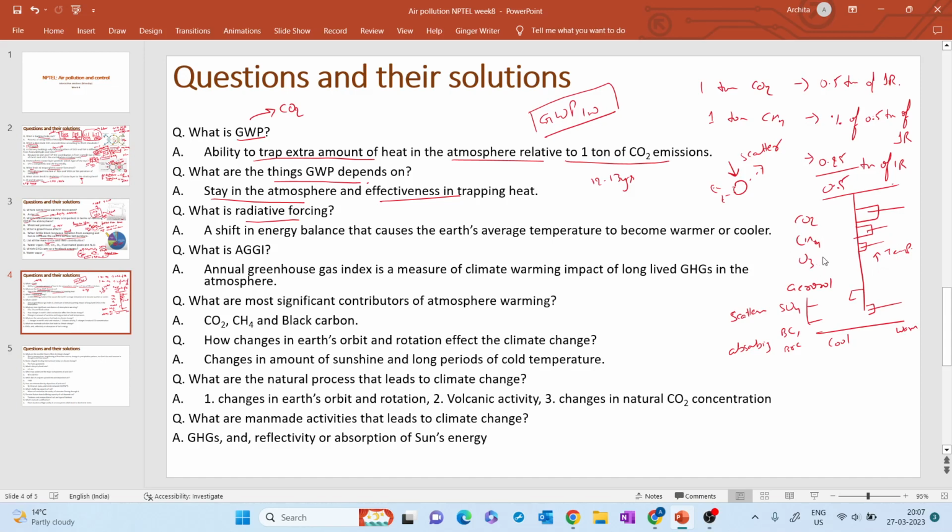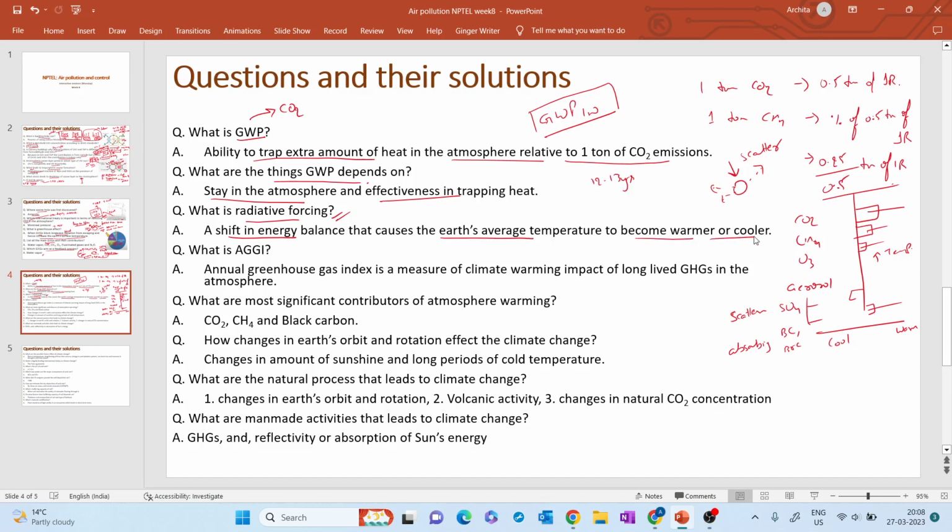And depending on different pollutants which can either absorb or scatter light, we define the term called radiative forcing. It is the shift in energy balance that causes the earth's average temperature to become warm or cool.